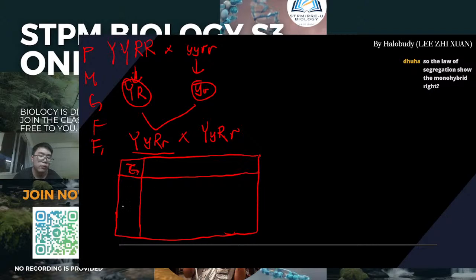Capital Y can be combined with capital R, in one column. It can also be combined with small r, in another column. Next, small y can be combined with capital R.